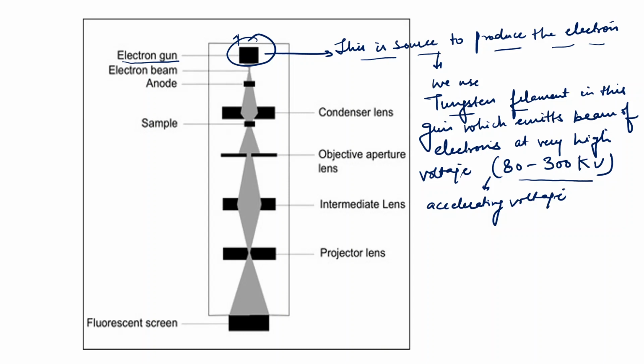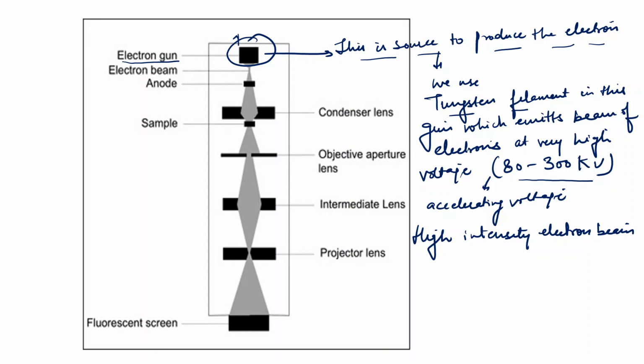We require high intensity electron beam. So that's why we are using a very high voltage, and it can penetrate the sample up to a thickness of 1 micrometer even.